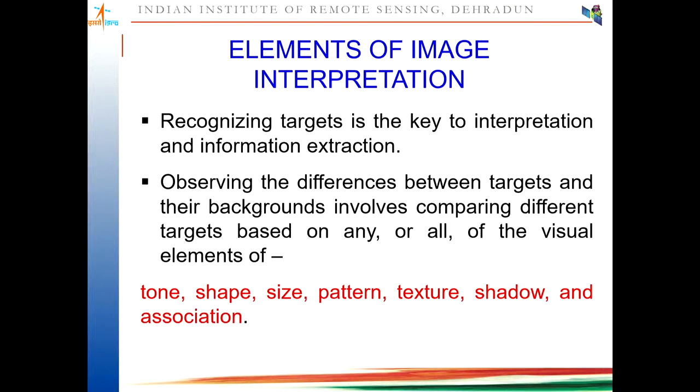Now, to help us in this process of recognition, the targets are observed based on the differences in one or more of these visual elements of interpretation. These are tone, texture, pattern, shape, size, shadow, and association. And if we have a stereoscopic image, then we can also see height. So height becomes an element of interpretation in that case.